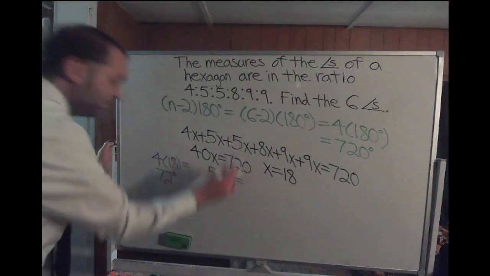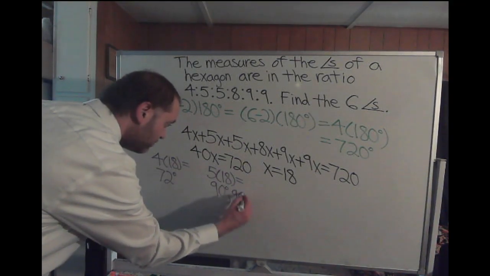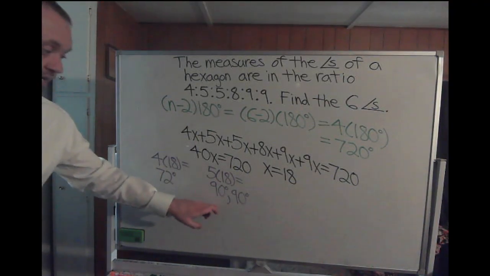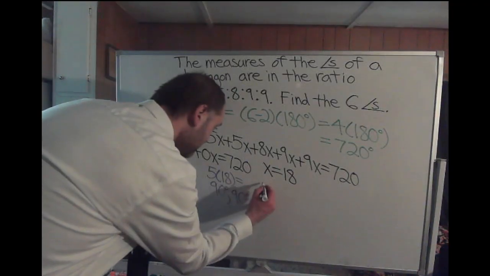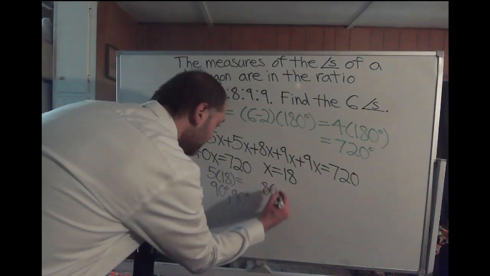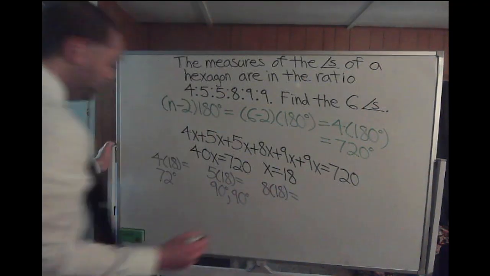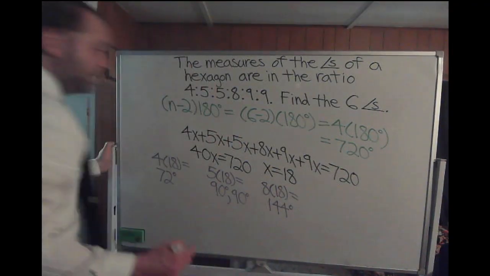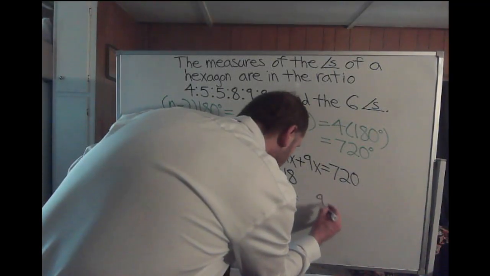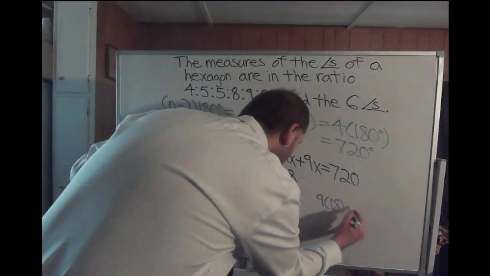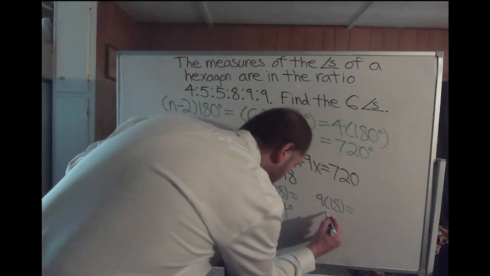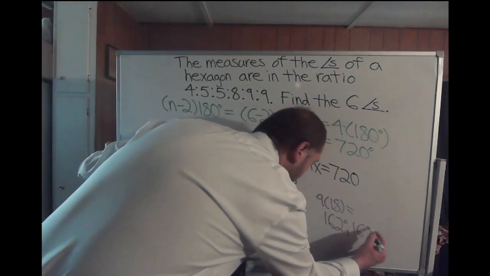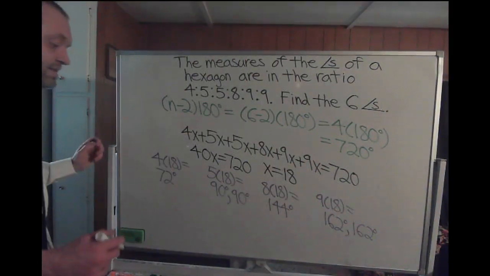And you have two 5x's, so you're actually going to have 90 degrees twice. So far you have a 72 degree angle and two 90 degree angles. Then you're going to take 8 times 18, which is going to be equal to 144 degrees. And then last but not least, you'll take 9 times 18, which would have to be equal to 162 degrees. And then you would actually have 162 degrees twice, since you have two of the 9x's.